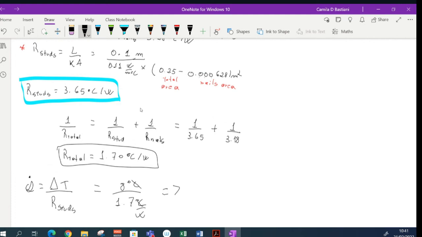So my heat transfer is going to be 4.7 watts. Is that higher or lower than what we had with just one single stud?